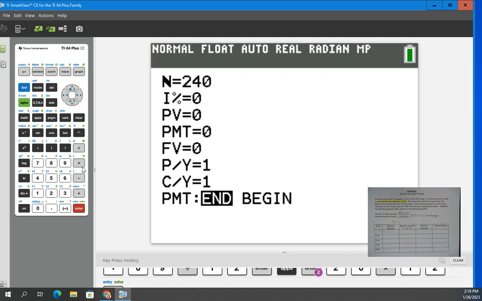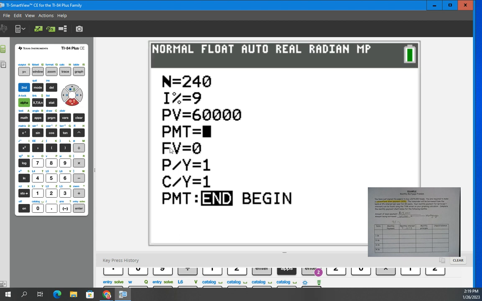This is going to be our annual percentage rate. For the whole year, it's 9%. Our present value is how much we owe right now. So our present value is the amount of our mortgage, 60,000. We don't know what our payment's going to be, but after these 240 payments, we want our future value to be 0.